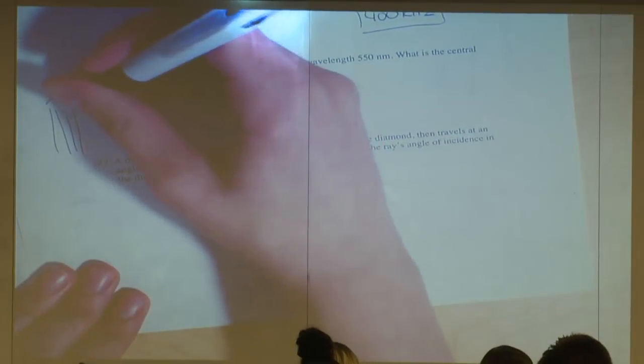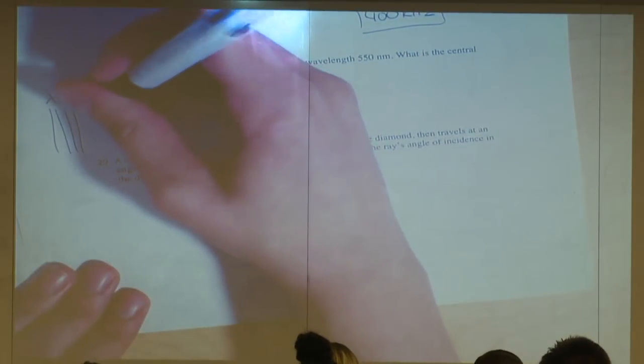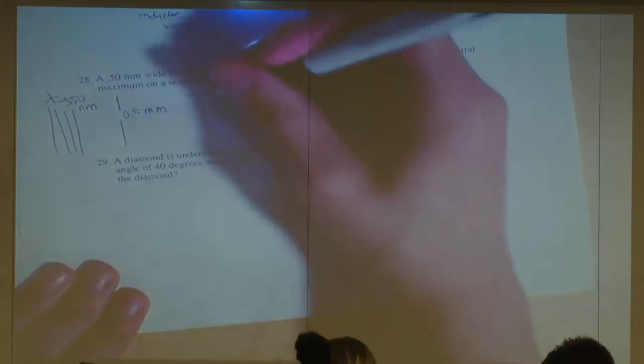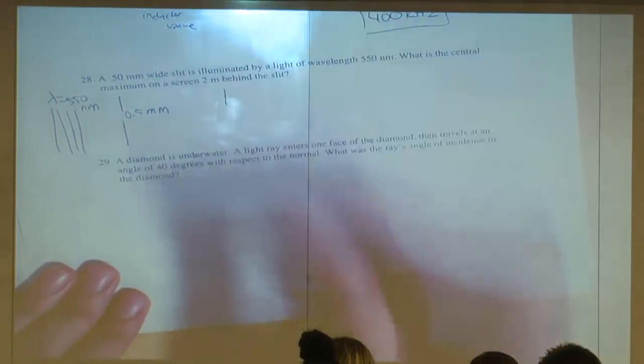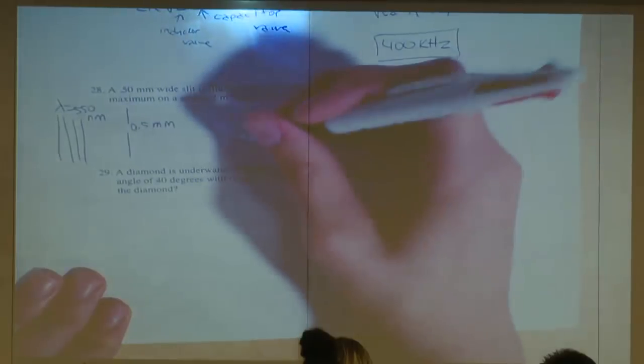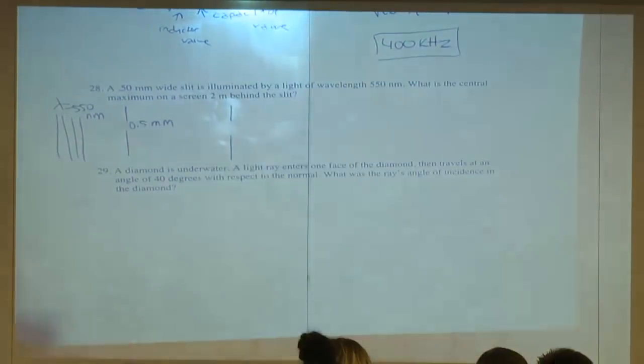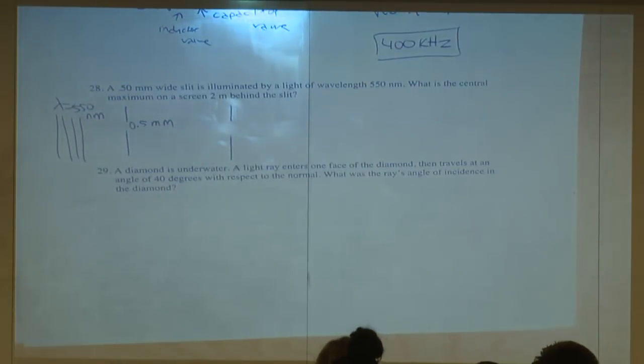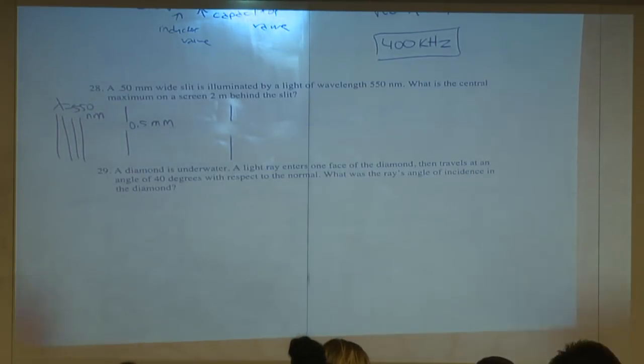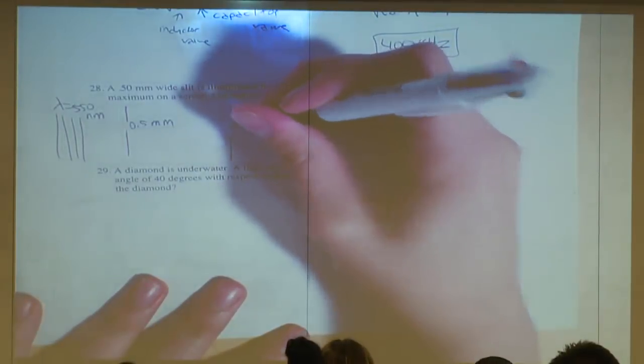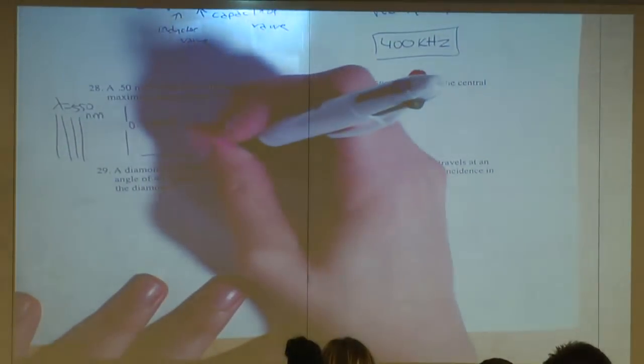This is 550 nanometers. And over here, we're not going to worry about the other fringes right now. We're just going to talk about the central maximum, the one big bright spot that you have for single slit questions like this. That would be W right here, and then this is the length.